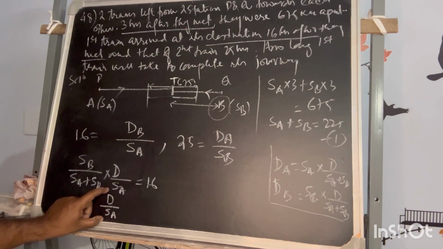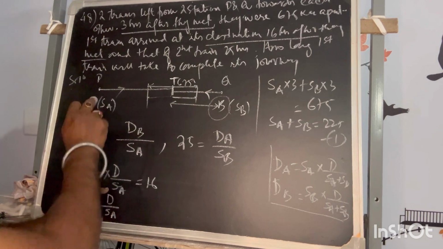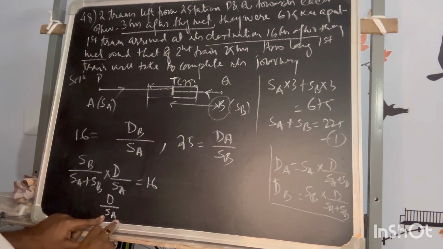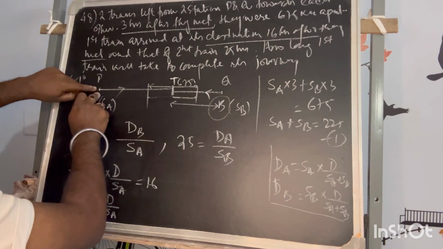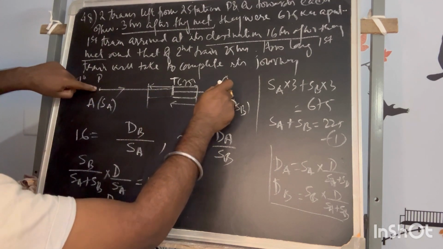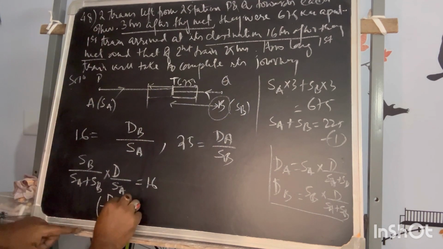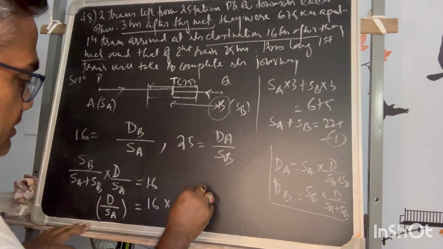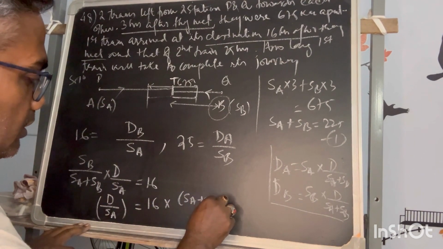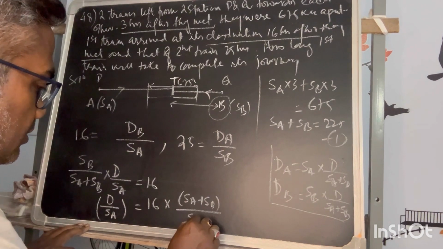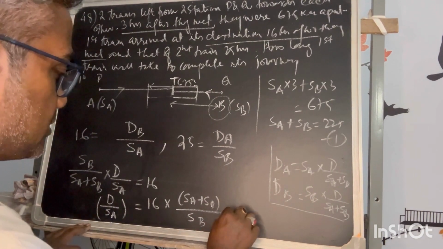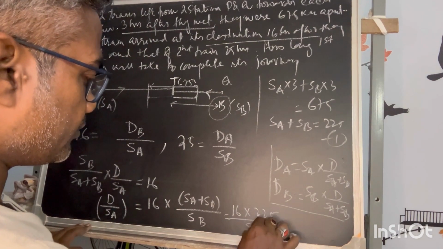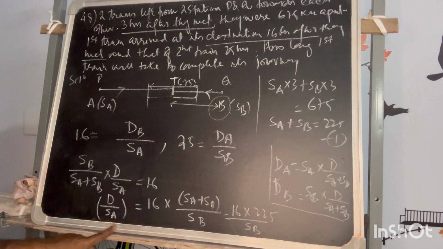Because this denotes the total distance D with A's speed, which is the time taken by A individually. If I calculate this from the equation, where SA plus SB we know and only SB we don't know individually, this is 16 into 225 by SB. So this is the time taken for him.